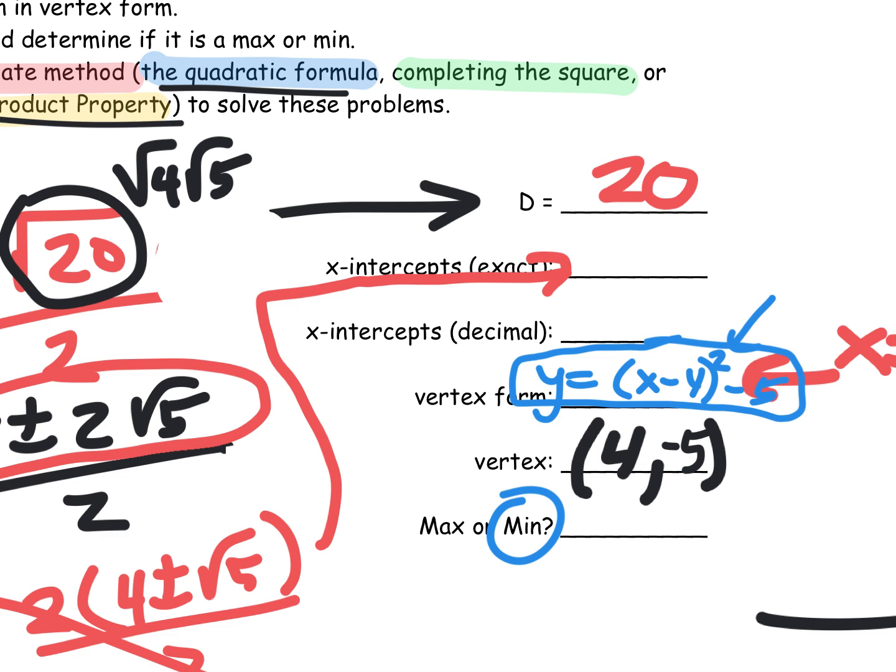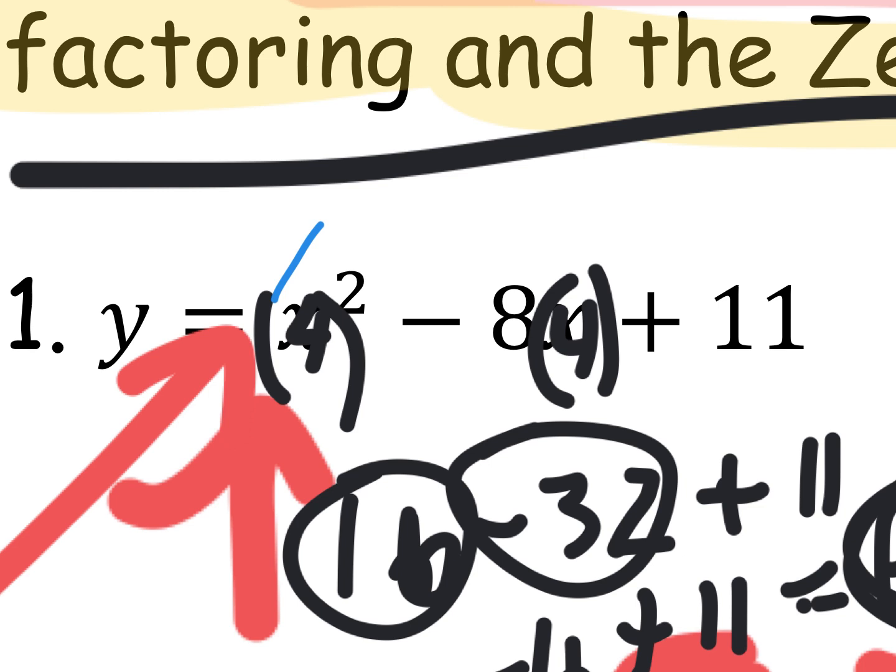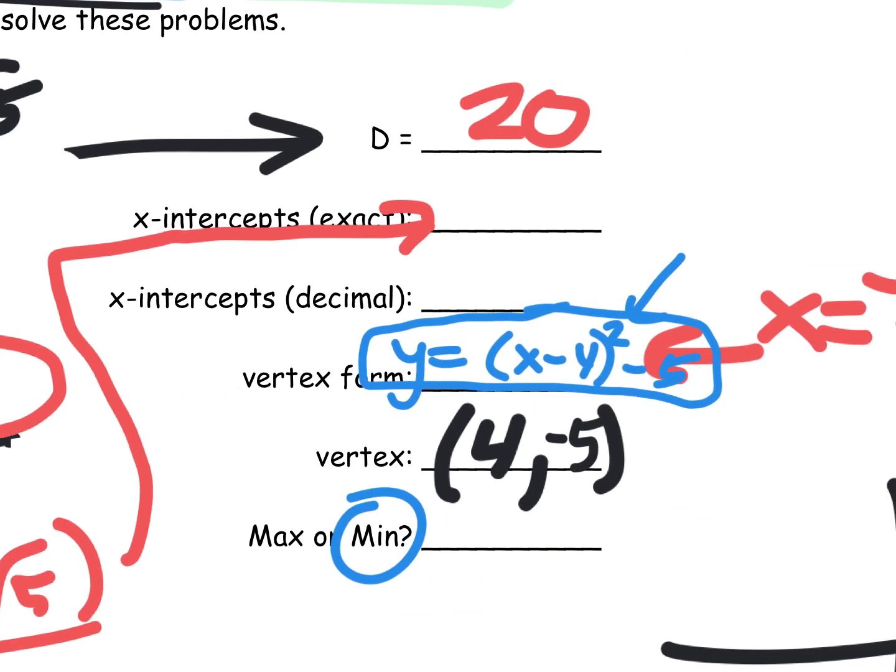But there's something else. Did you even look to see if there was a stretch factor in the front? Because if there was a 2 in the front, you'd have to put a 2 there. There wasn't, but if you didn't even think about it, you probably would have snoozed and lost. If there's a 2 in front, it would have to go there. There wasn't this time, but if you didn't even look, you probably would have got that one wrong on the test.